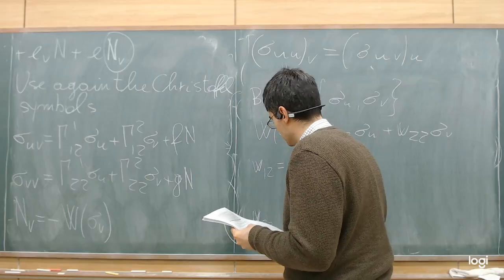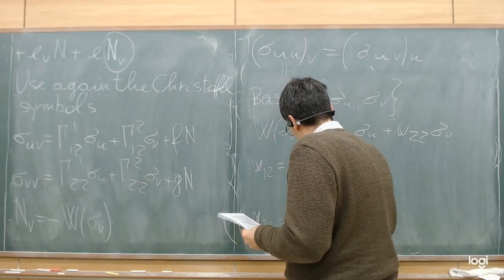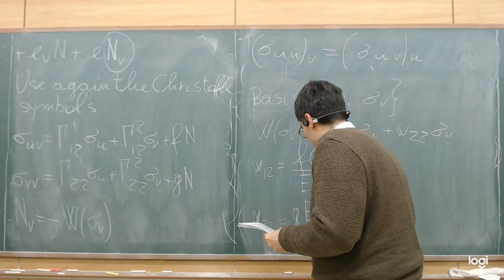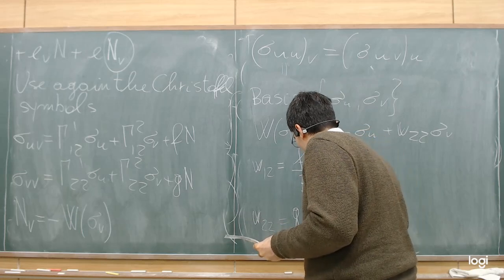W22 equal Ge minus Ff divided by Eg minus F squared.